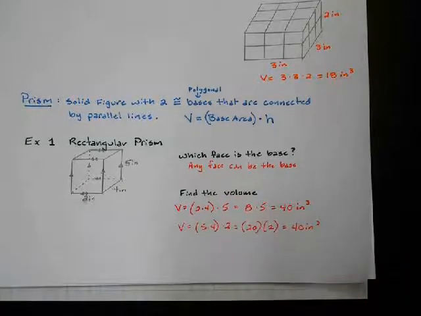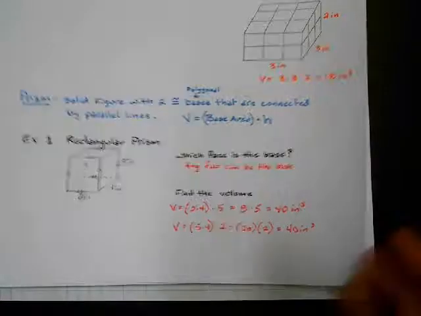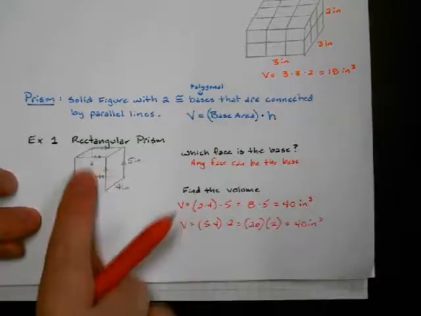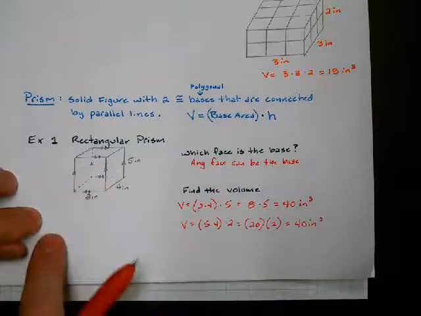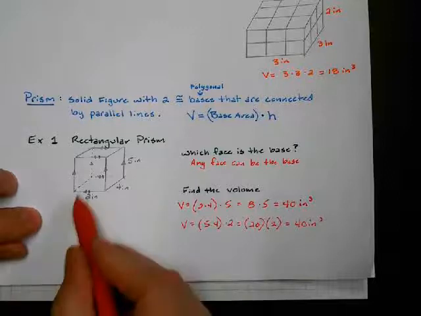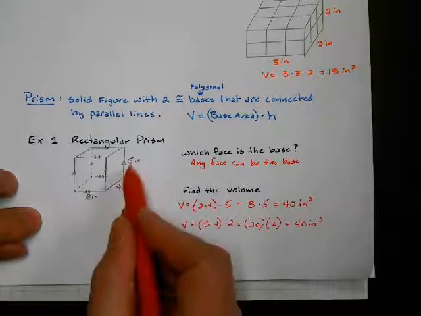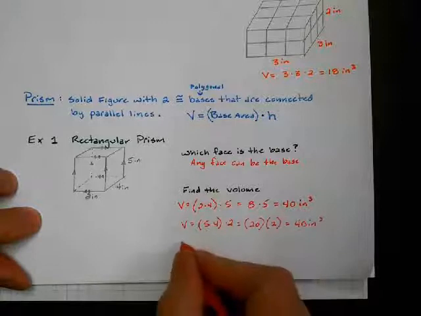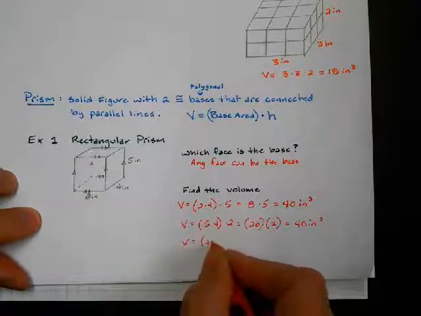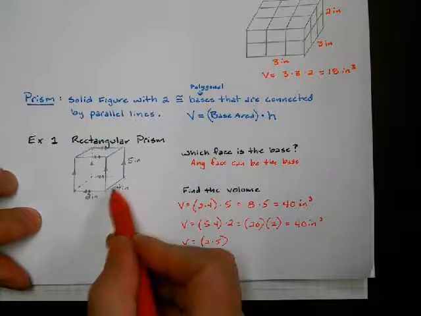It's the same problem. The last thing I could have decided, I could have said the front portion here was the base. Well, this is 2 here, and this is 5 here. So the area of that base is 2 times 5. And then the height would now be this number over here, 4.